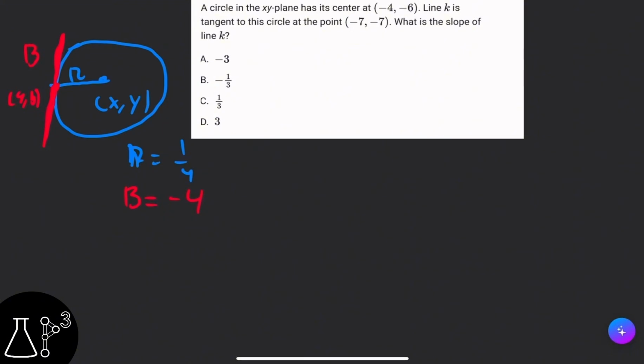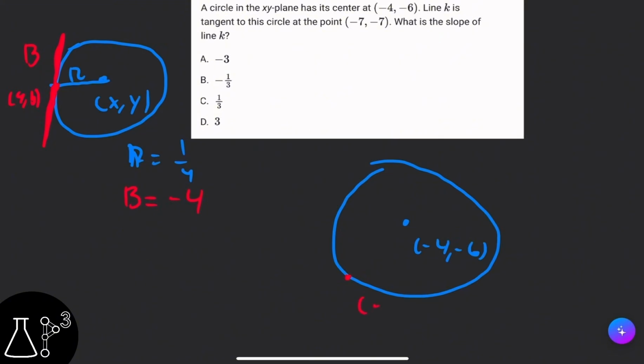We need to use that for the following question. It asks: a circle in the xy-plane has a center at negative 4, negative 6. So let's draw that. We have a circle and a center point of negative 4, negative 6. And the line K is a tangent line at the point negative 7, negative 7, so around down here probably.